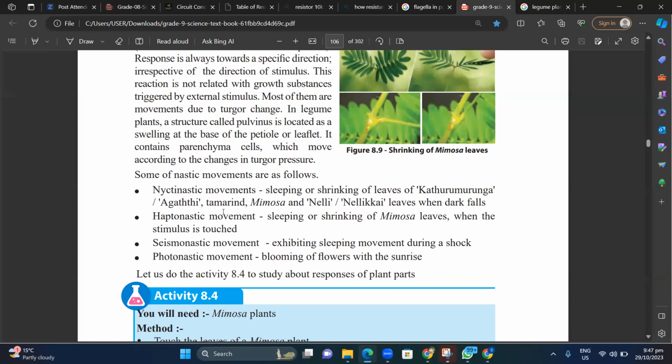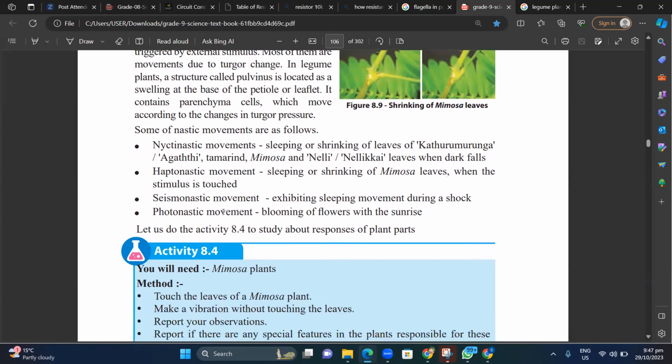Haptonastic movement, the sleeping or sinking of the mimosa plant, we call haptonastic. Seismonastic is exhibiting a sleeping movement during a shock, which you can also see in the mimosa plant. And photonastic is because of the light, like blooming flowers with the sunrise. These are some nastic movements.